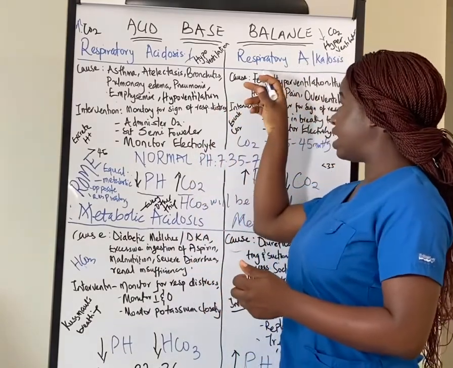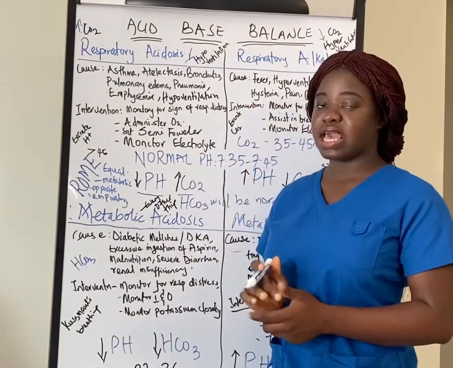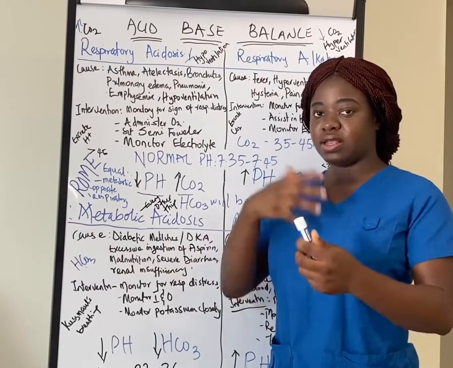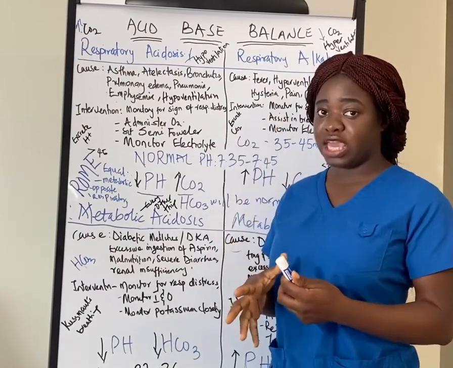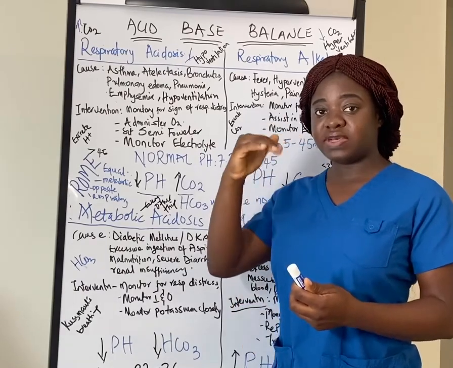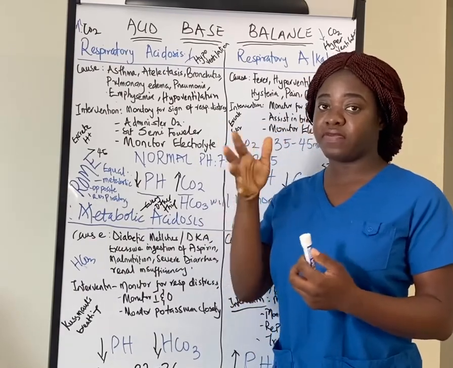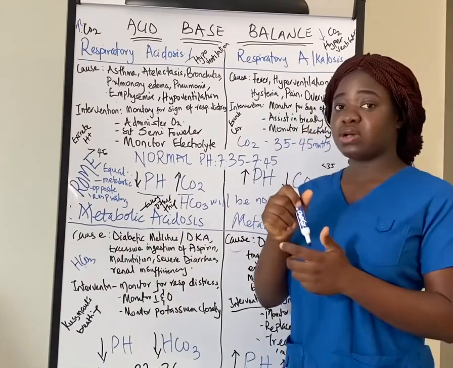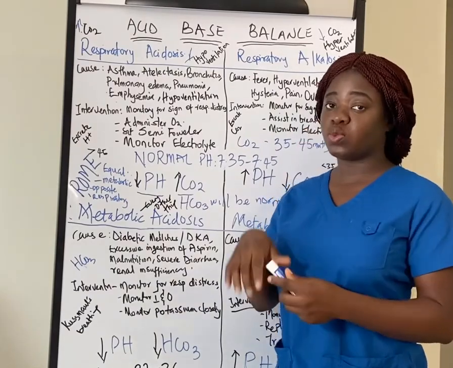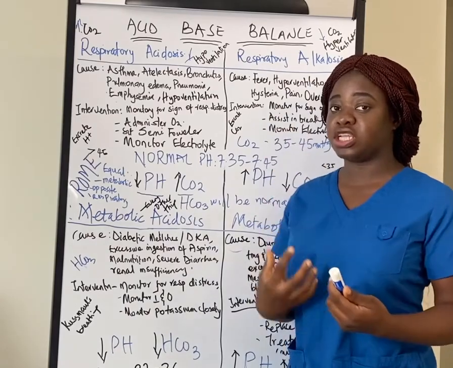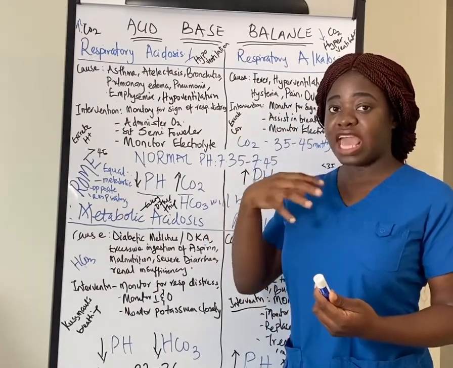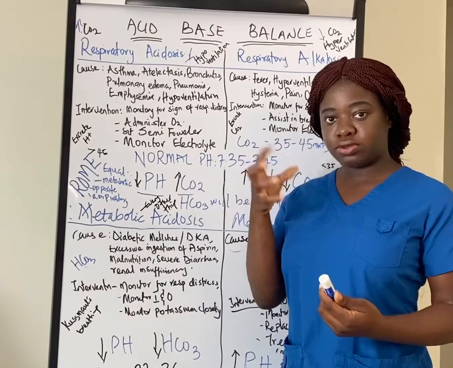And we'll be looking at respiratory alkalosis. Respiratory means the lungs, that's the CO2, while alkalosis, the pH, has an increased pH greater than 7.45. And what are the causes of respiratory alkalosis? We have fever, and hyperventilation, which means the patient is removing excess CO2 from the body.